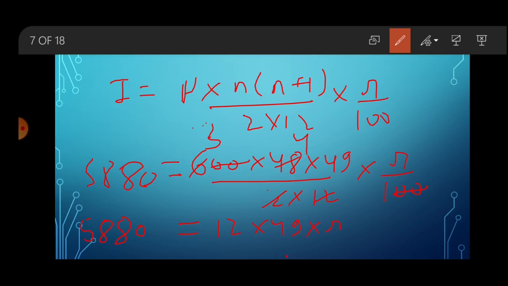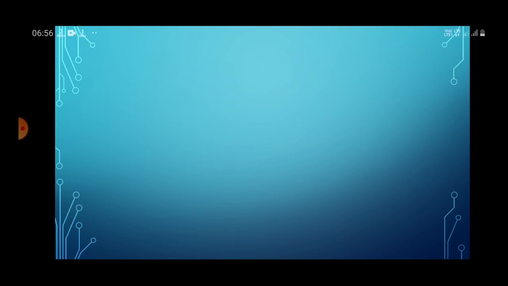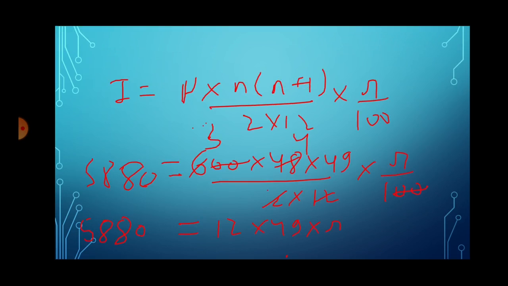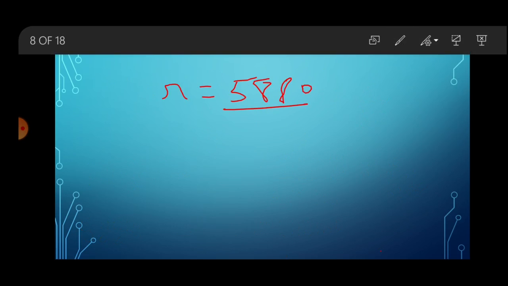Now you will have to bring this 12 and 49 to the opposite side. So your R will be 5880 upon 12 into 49.